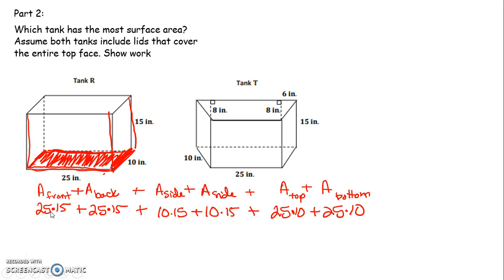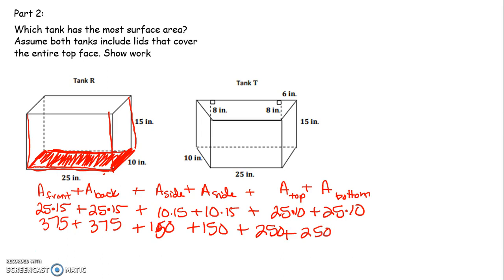25 times 15, what is that? 25 times 15 is 375, it looks like. Plus 375, plus 150, plus 150, plus 25 times 10 would be 250 plus 250, and we're going to just add those all up. 375 plus 375 plus 150 plus 150 plus 250 plus 250, as long as I haven't made a mistake. 1550.